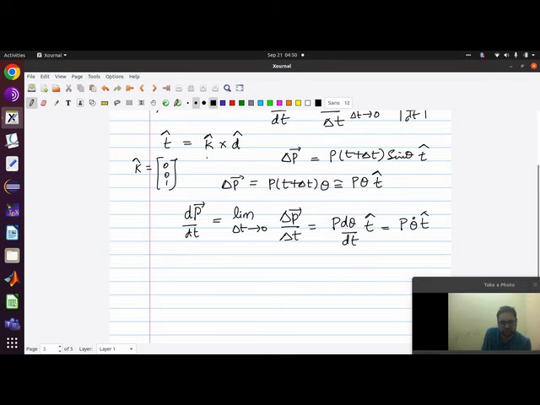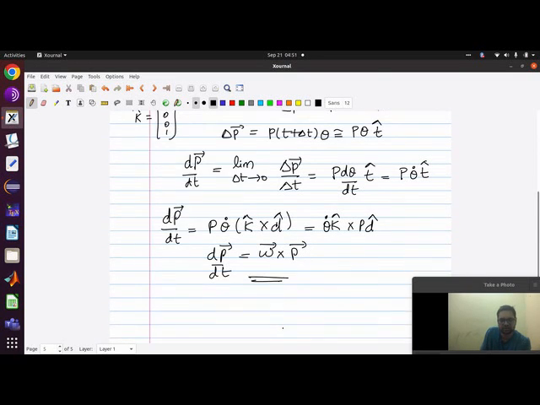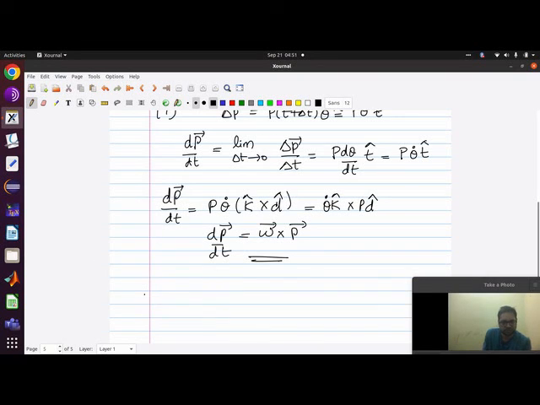So t cap is nothing but k cross d cap, so in this case your dP by dt is P theta dot k cap cross d cap, which is theta dot k cap cross P d cap, which is nothing but omega cross P. So when there is change in direction, you have dP by dt to be omega cross P.